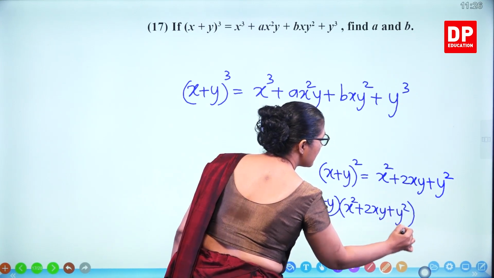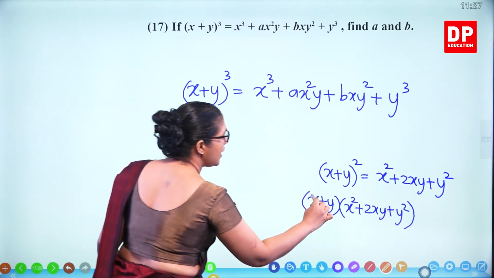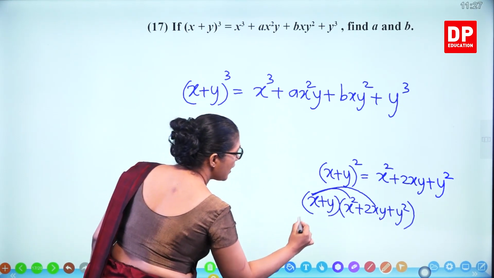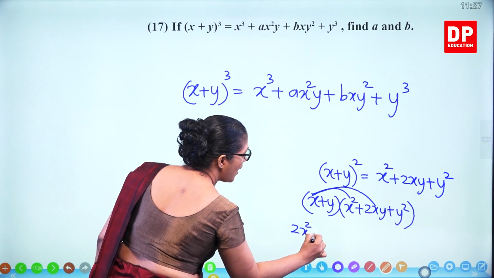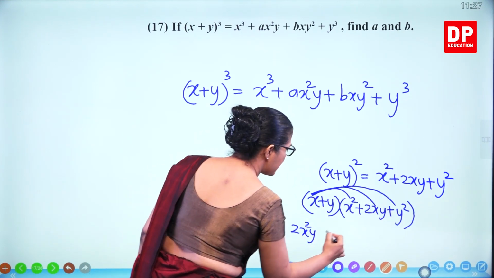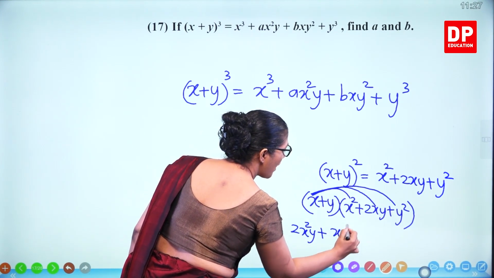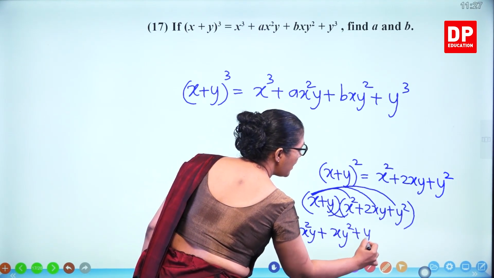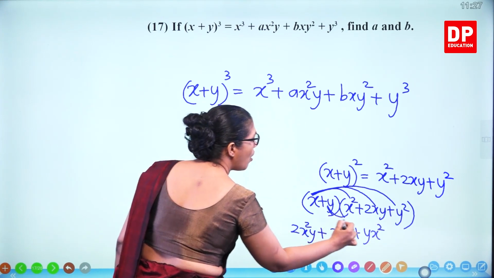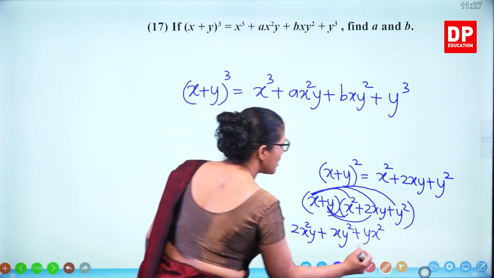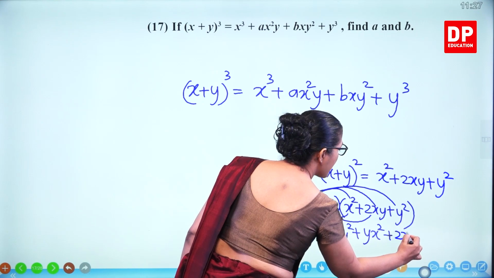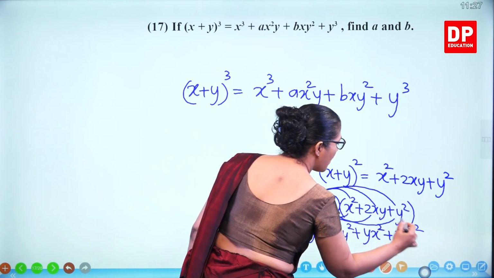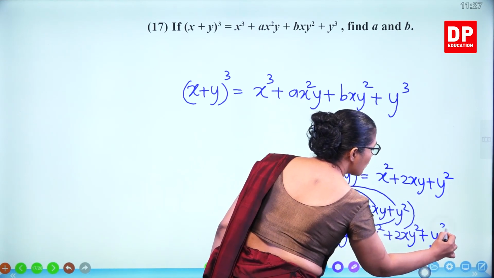You get this one. So here x into x, x squared. X into this one, you get 2x squared y. X with this, you get x y squared. And now multiply by y. Y with x squared, or y with this, you get 2xy squared. And again y with y squared, that's y cubed.